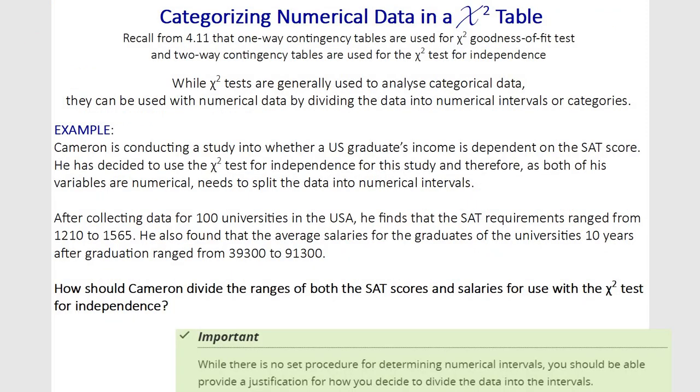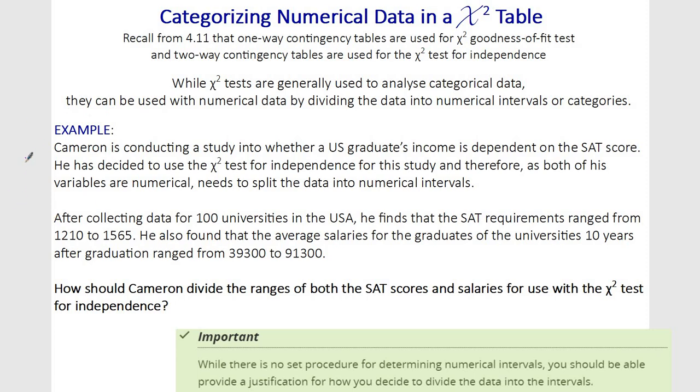So in the last section, we did 1-way contingency tables for chi-squared goodness of fit, and 2-way contingency tables for the chi-squared test for independence. Now, we usually use them for categorical data, but we can use them with numerical data if we split it up into intervals or categories. Take a second, read this example.